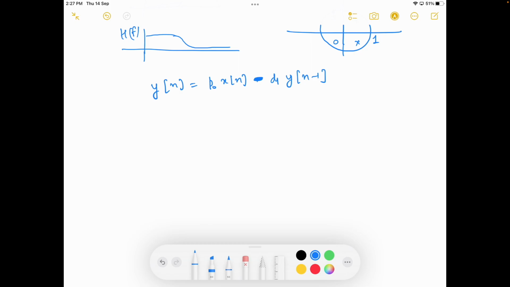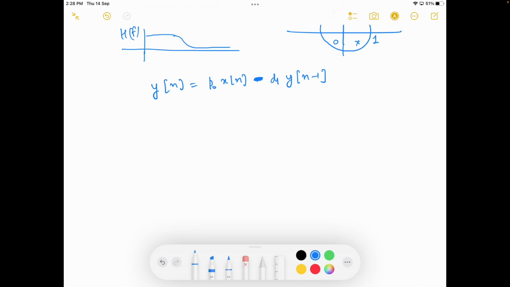What kind of filter is this? y of n depends on the current input and also on the past output. It is a feedback, right? So my past output is also affecting my future output. Would this be an AR?